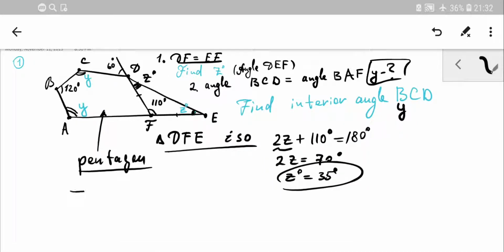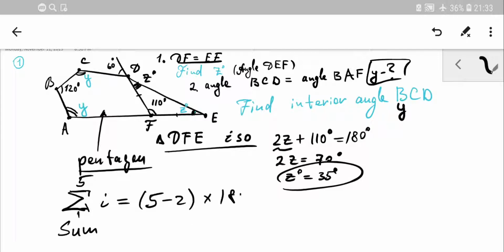The sum of all interior angles, which I write with sigma notation, I up to 5, because we have 5 sides and 5 angles, equals (5 minus 2) times 180. Just remember the general formula, n minus 2 times 180, for the sum of all interior angles. We plug in 5 because there are 5 sides, and we know it's 540.